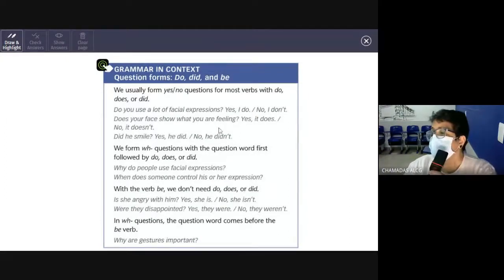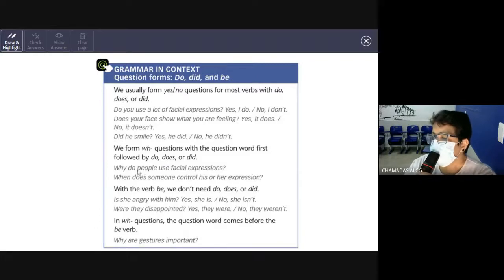Now, when we form WH questions, we form them with the question word first, followed by do, does, or did.